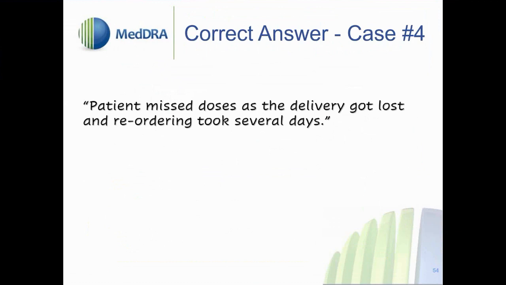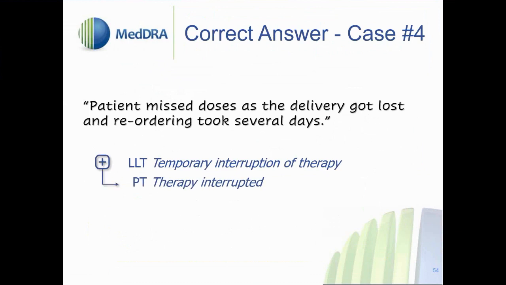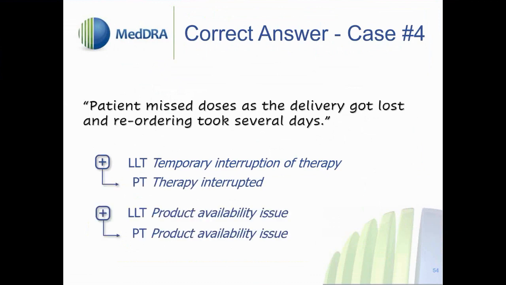So in our example, the external factor was the product availability issue. So here we have the correct code assignments, temporary interruption of therapy under PT therapy interrupted, and product availability issue under PT product availability issues. Any further questions, Jane?